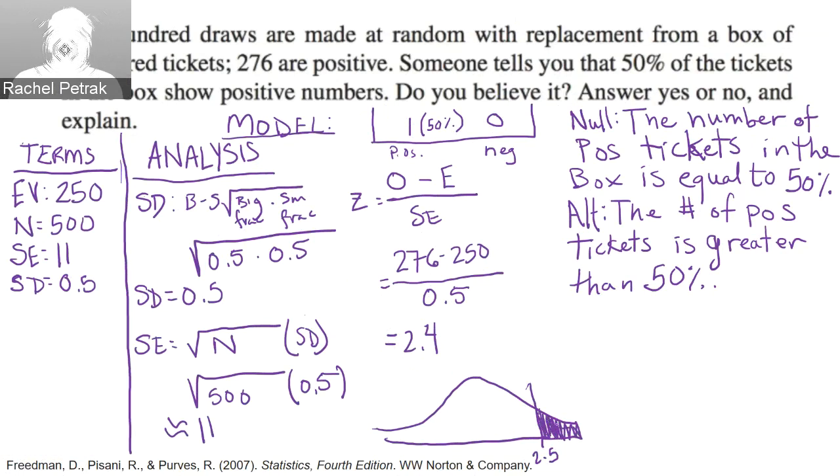In order to decide if this is statistically significant, you can look up the probability of this p-value in a z table, and it's definitely less than 5%. Let's remember the decision rule for these tests.